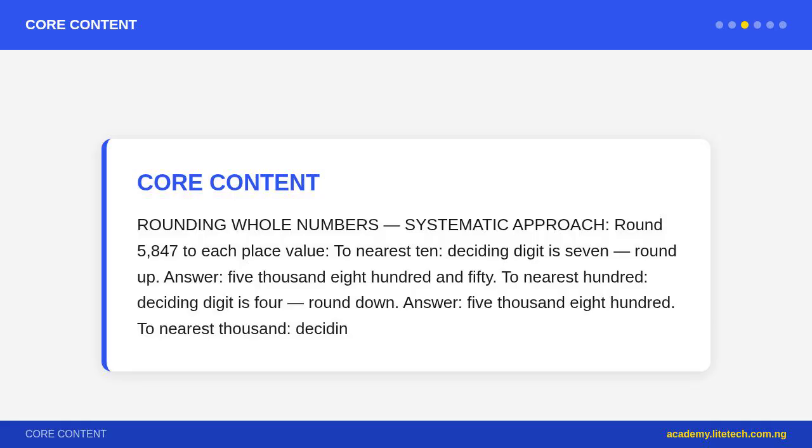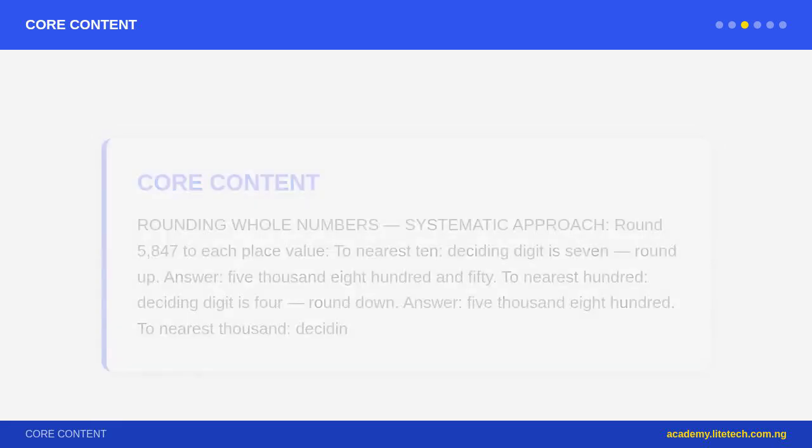A bag of garri weighs 4.73 kilograms. To the nearest kilogram, deciding digit is 7, round up. Answer: 5 kilograms. To the nearest 100 grams, nearest 0.1 kilogram, deciding digit is 3, round down. Answer: 4.7 kilograms.